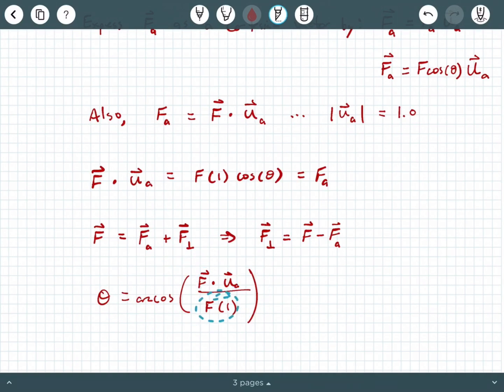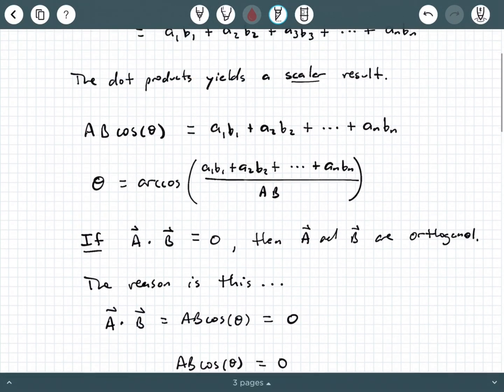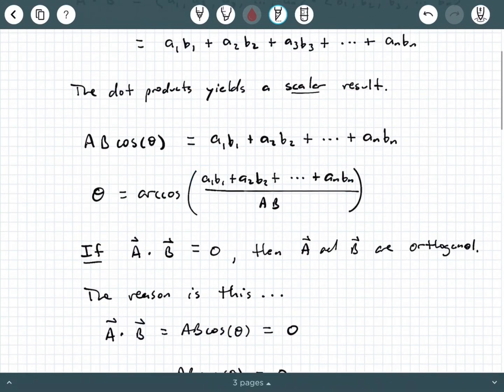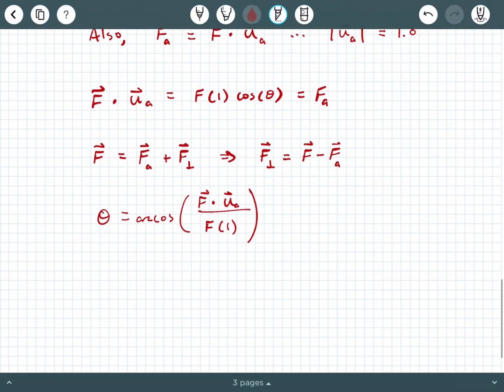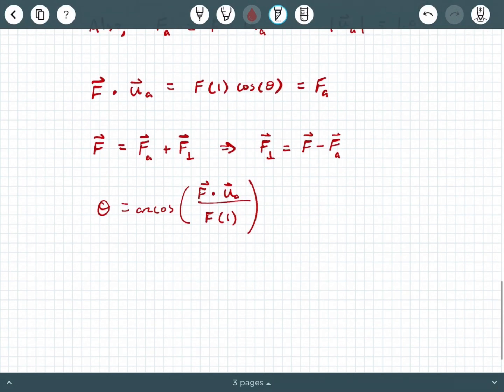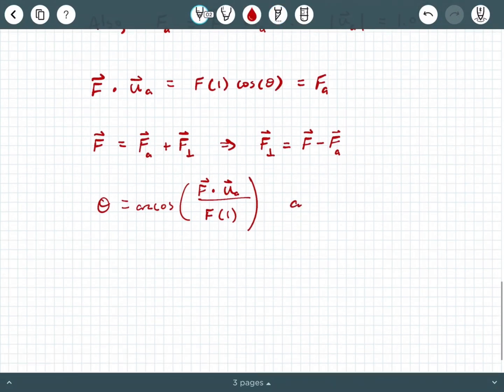All of this comes from an application of the dot product that we discussed earlier. We dot these two vectors together, and then we divide by each of their magnitudes multiplied together. This is like vector A dot vector B divided by magnitude of A times magnitude of B. We talked about that way up here, so that's an application of this.